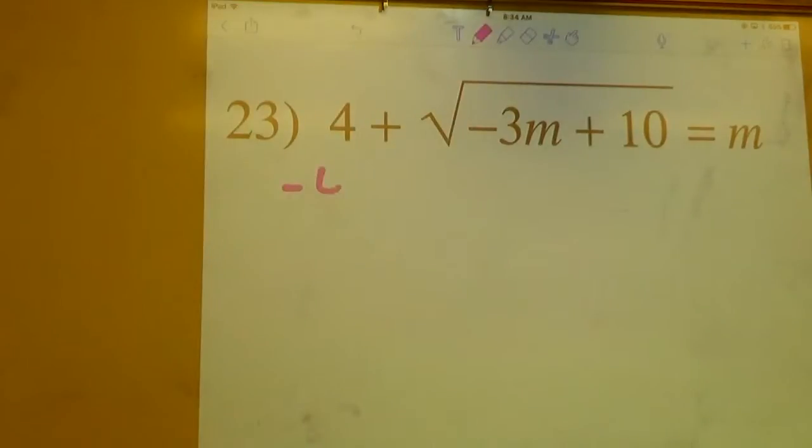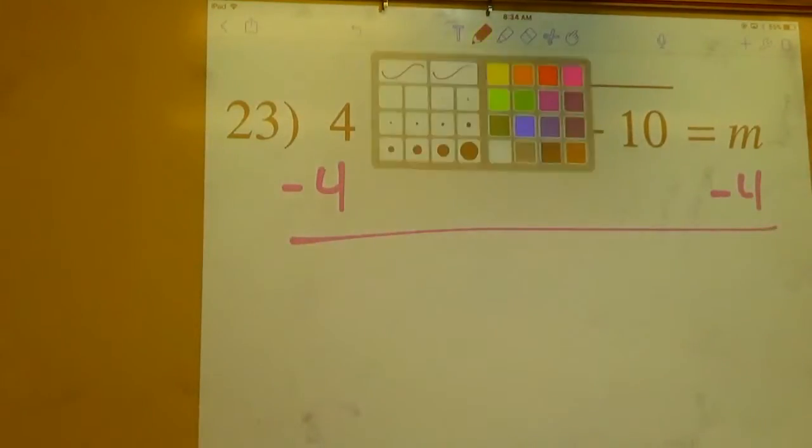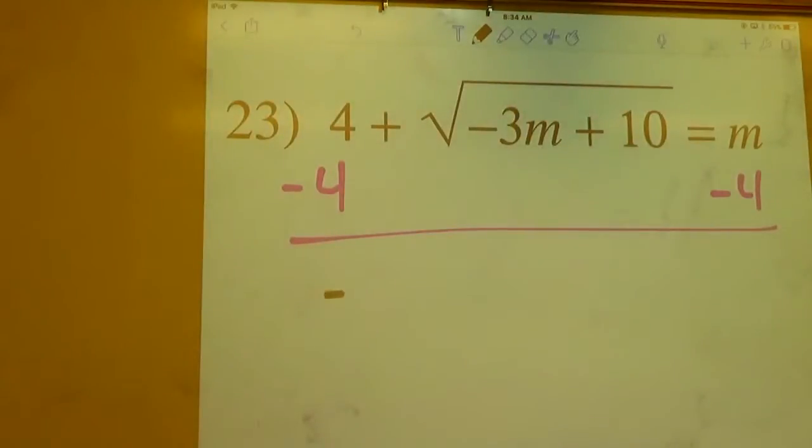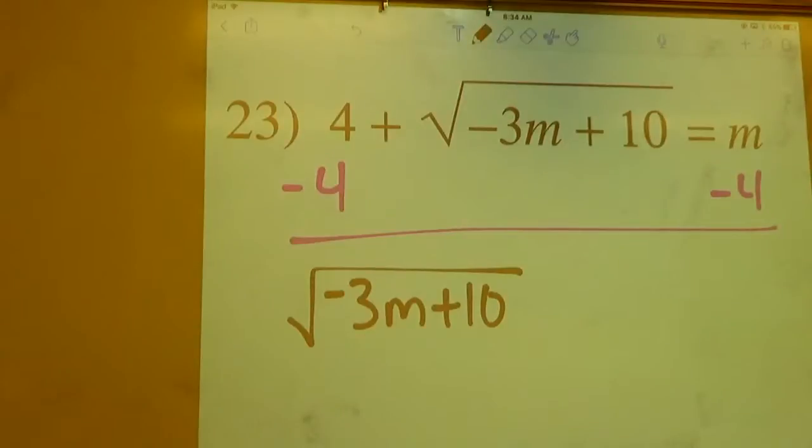Subtract it. So if I subtract it, I'll get negative 3m plus 10 equals m minus 4. Again, we can't combine that. Can't combine the m and the 4. We got to leave it as just m minus 4.